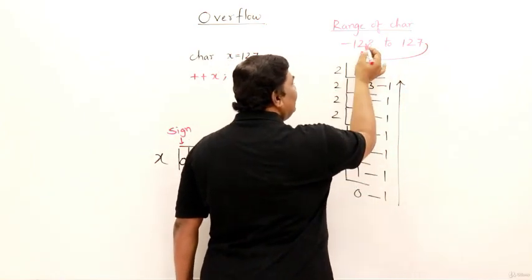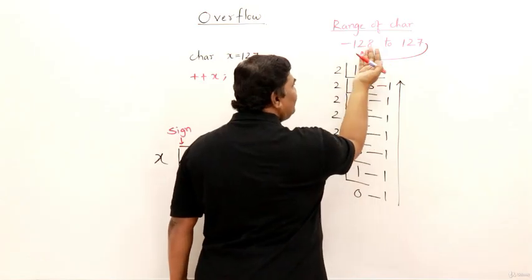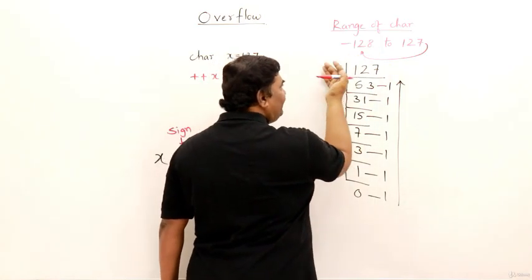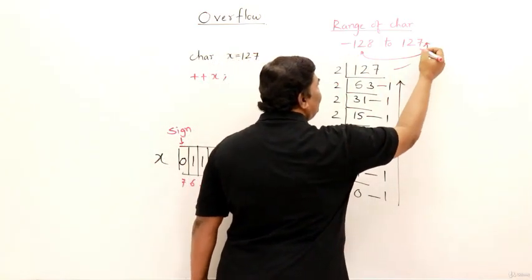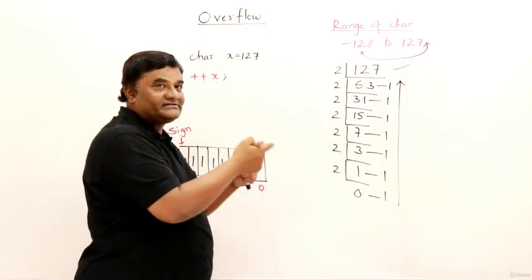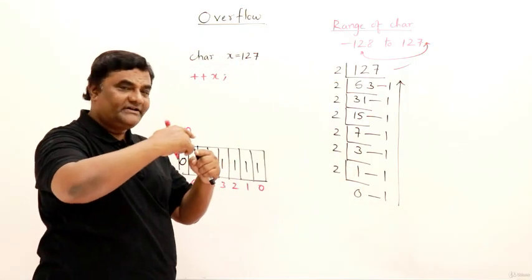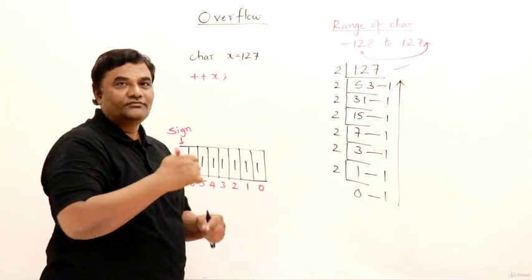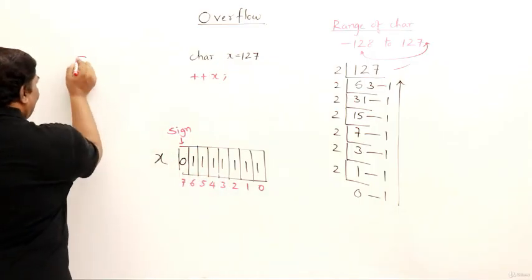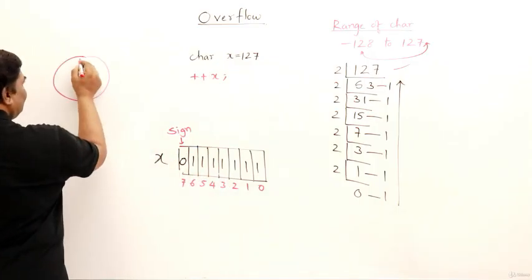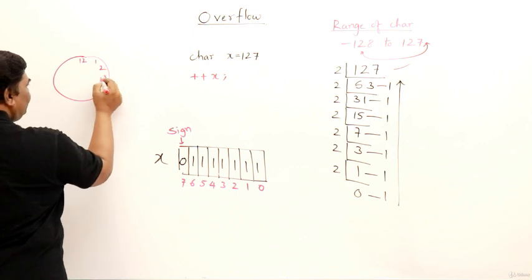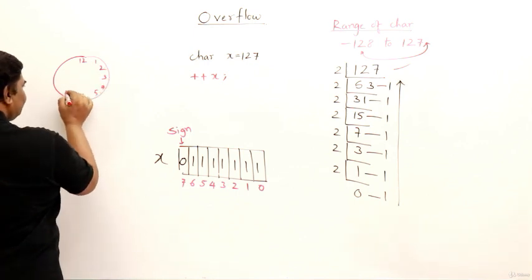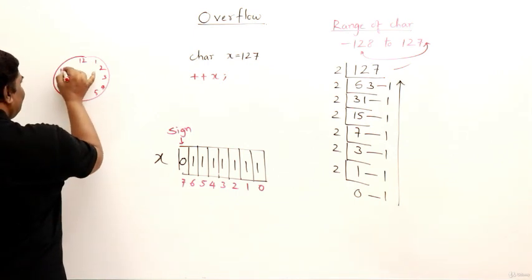And vice versa. If it is minus 128 and you try to decrease it by 1, then it will go to 127. So it's more like cyclic. If you go from 127 beyond that, it will be minus 128, and from this side, it will go to 127. Just like the hand of a clock. Like this is 12 o'clock, 1, 2, 3, 4, 5, 6, 7, 8, 9, 10, 11.